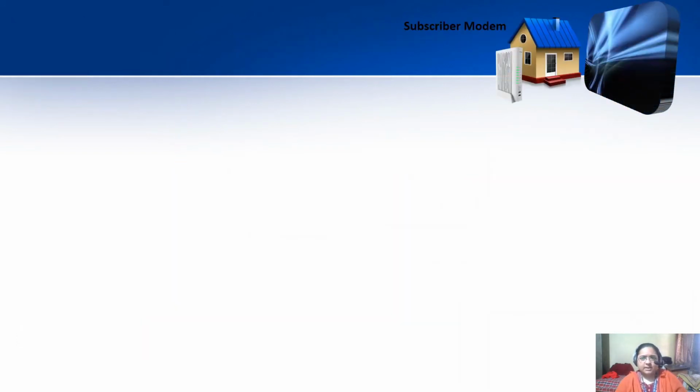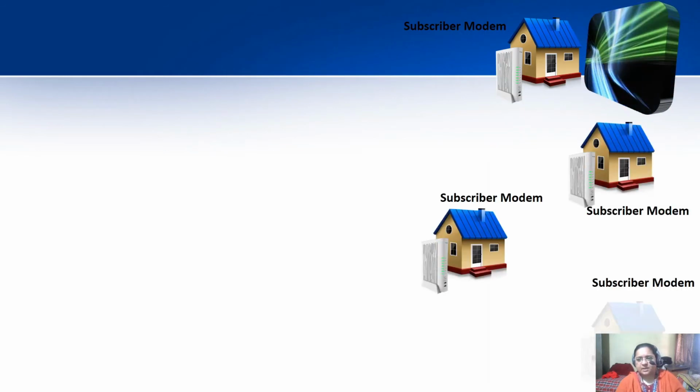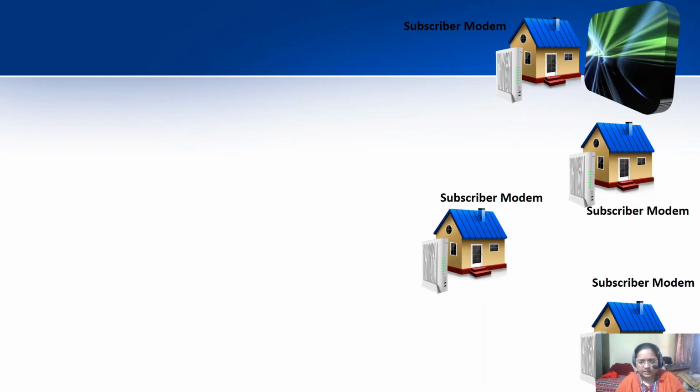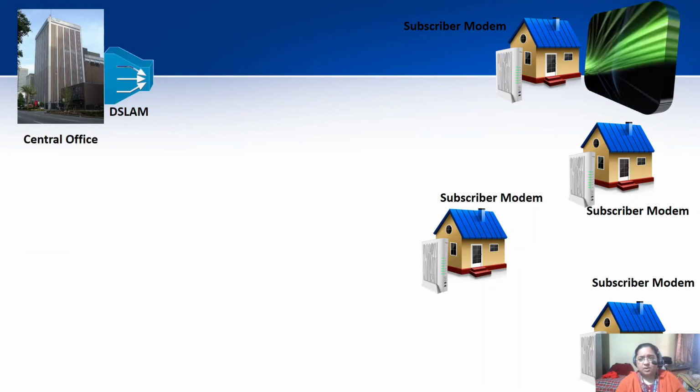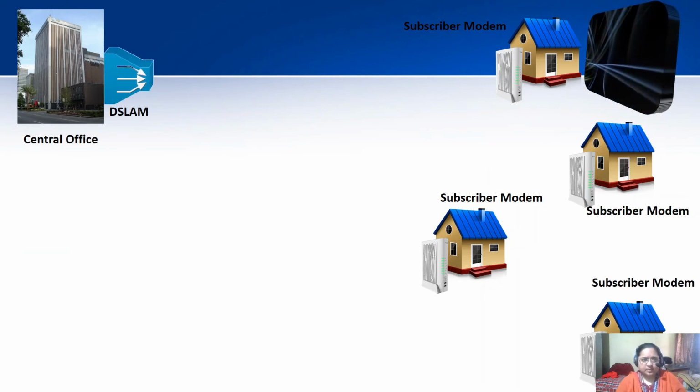Next we can see how it takes place. So we have subscriber modems, that is these are the domestic consumers. They could be domestic, they could be corporate consumers, and this is the central office of the ISP, internet service provider.